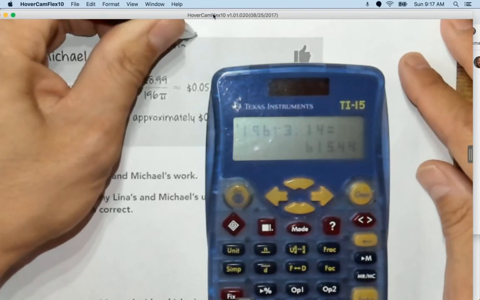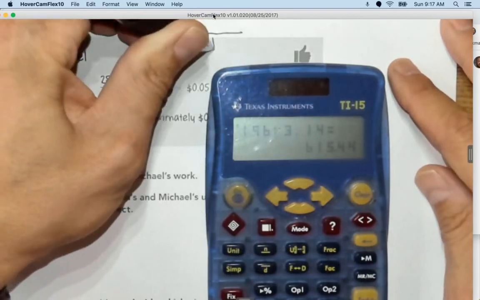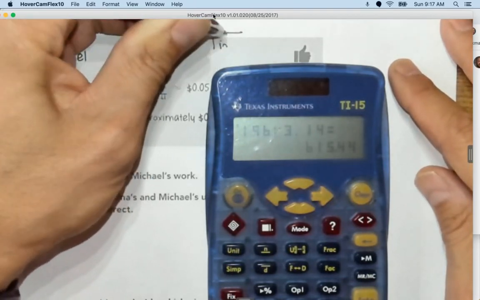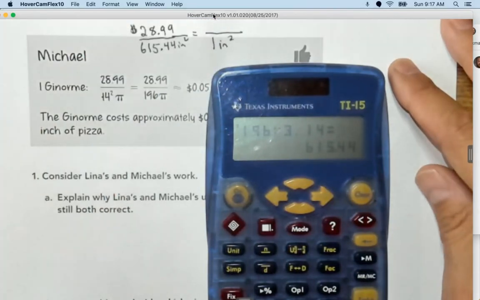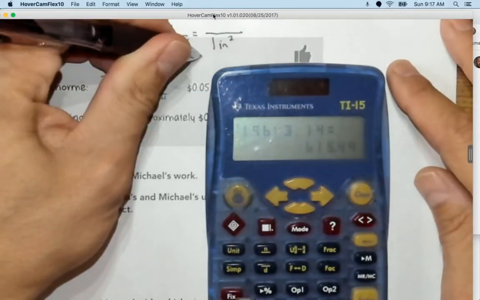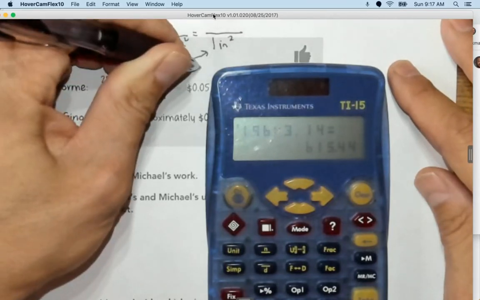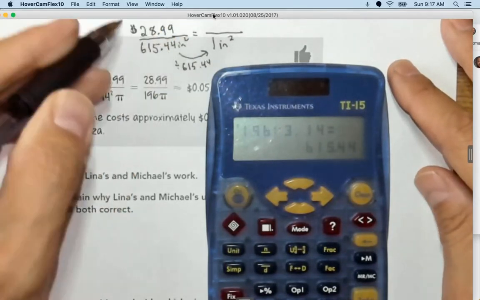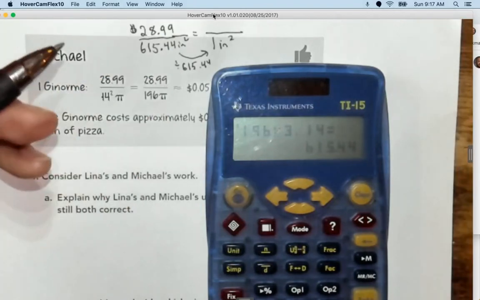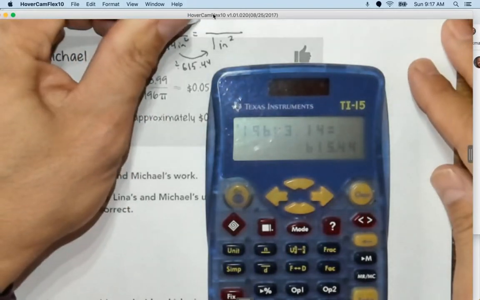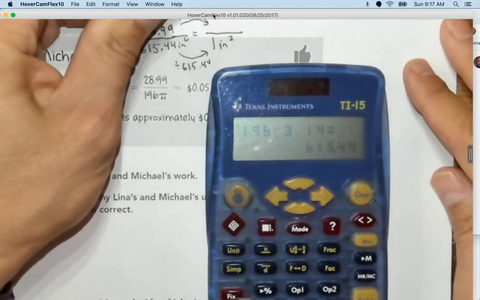And what they're doing is I want to know how much I pay for 1 inch squared of pizza. And to do that, I scale this down. I divide that by 615.44, which will give me 1 inch. And then I do the same thing to the top part to scale down the ratio.